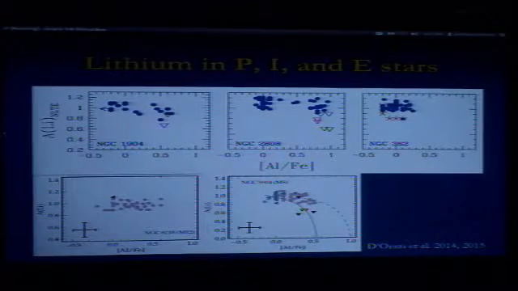For instance, if you consider as a polluter a fast-rotating massive star, this does not produce lithium. They actually destroy lithium completely. So the result is that these stars, if these were the polluters, should be very low in lithium abundance. They are not. They have lithium.